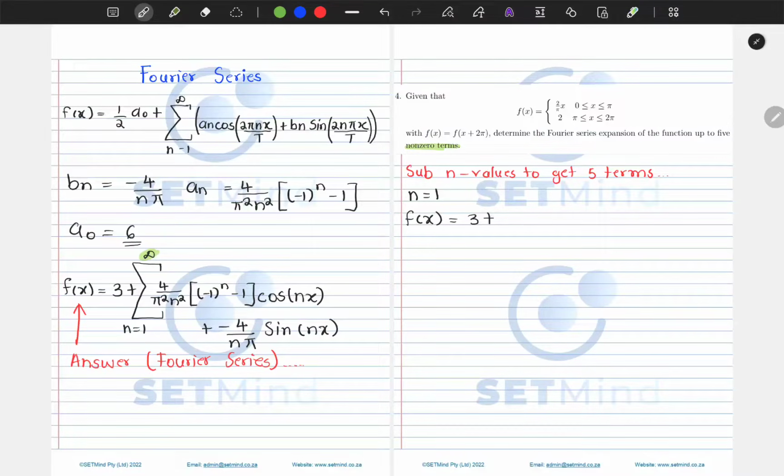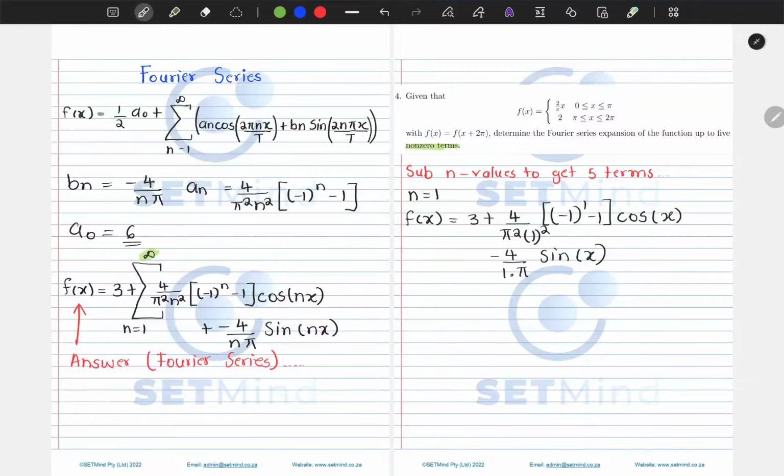So we'll have 3 plus 4 over pi squared into 1 squared, and then I'm going to have negative 1 to the power of 1 minus 1, and then this will be multiplying cos of x because we are subbing in n is 1. And then the other term will be minus 4 over 1 times pi, and then sine of x. So that is the term which we end up getting.